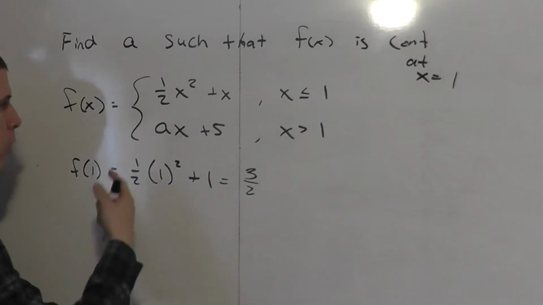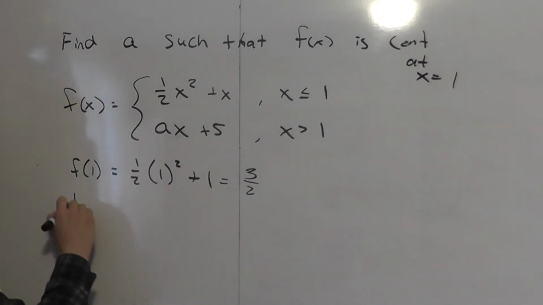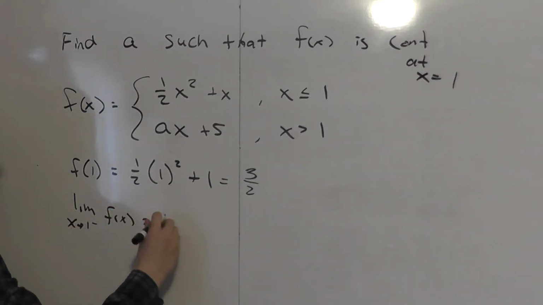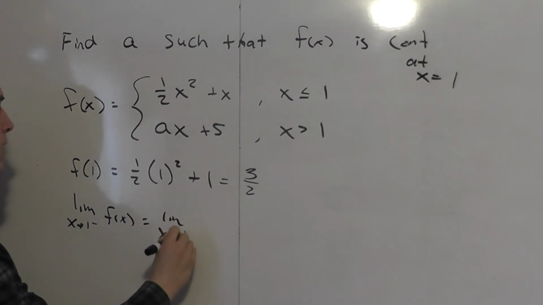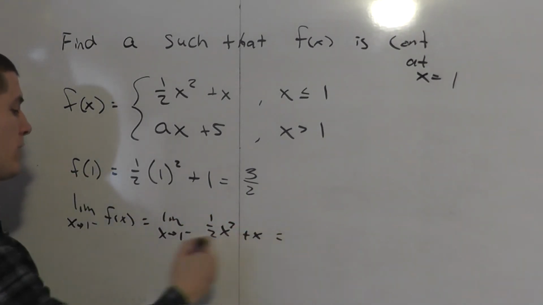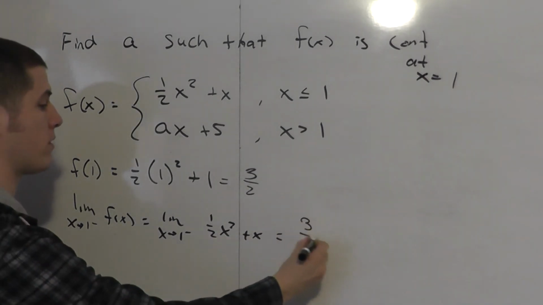It should be clear that if we approach 1 from the left, it will be equal to 3/2, but we can show that. The limit as x goes to 1 from the left of f of x is the limit as x goes to 1 from the left of 1/2 x squared plus x. We substitute 1 in, since this is polynomial, and this is 3/2.